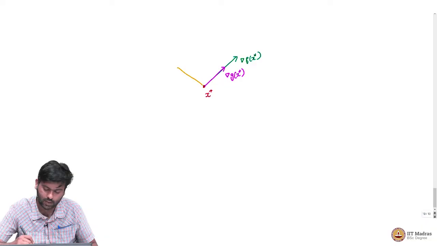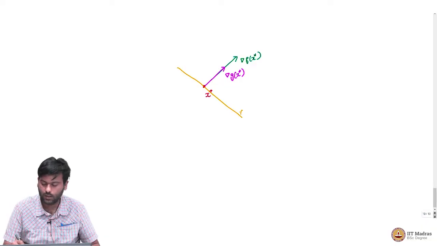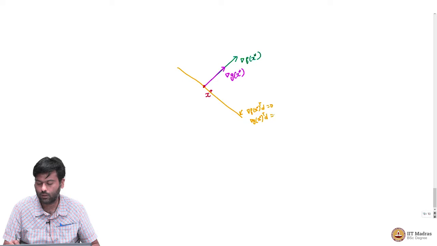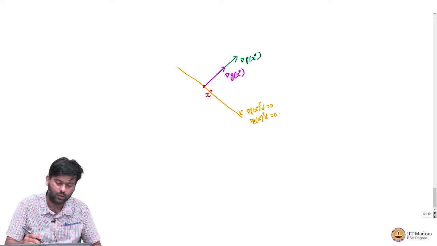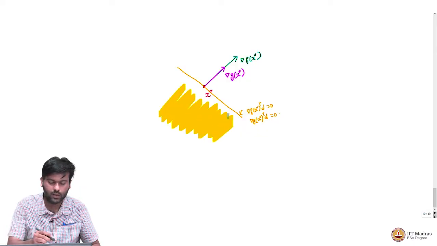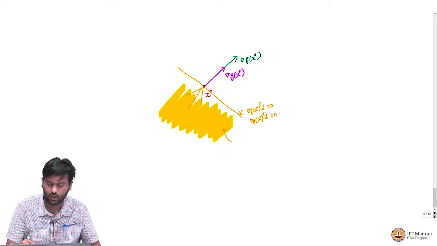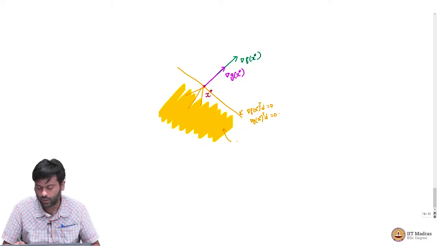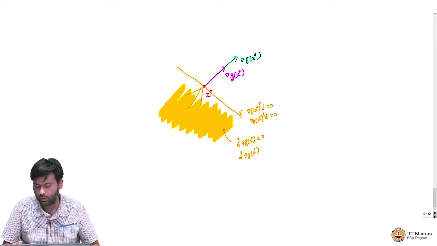In this case, again we will realize that this is the line where del f of x star transpose d equals 0, del g of x star transpose d equals 0, which means now if I look at this direction, any direction here, no matter where I move, I am guaranteed that d transpose del f of x star is less than 0 and d transpose del g of x star is also less than 0, right. So, both of these hold.